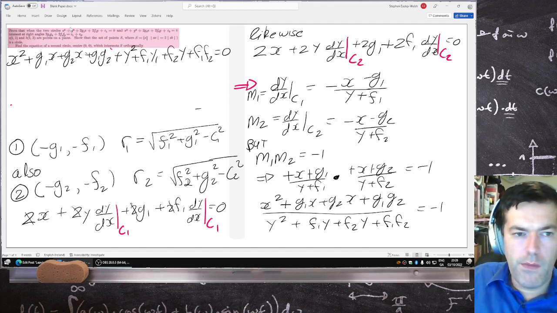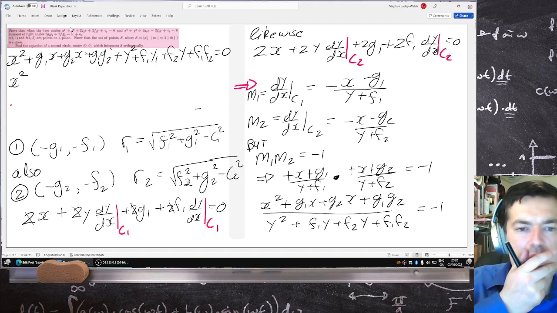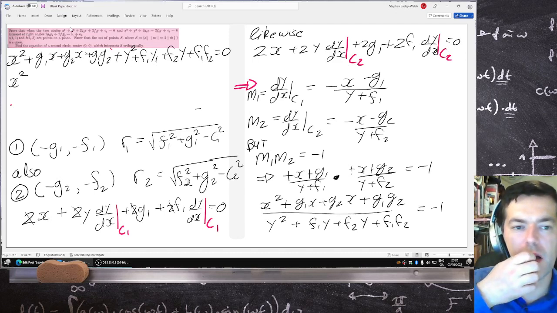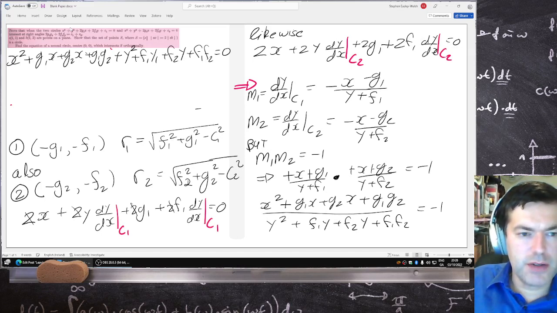So you've got x squared. Now I want to try and make the original equations appear, so I feel like I should not have cancelled the 2. It might have been better to keep the 2 in it.